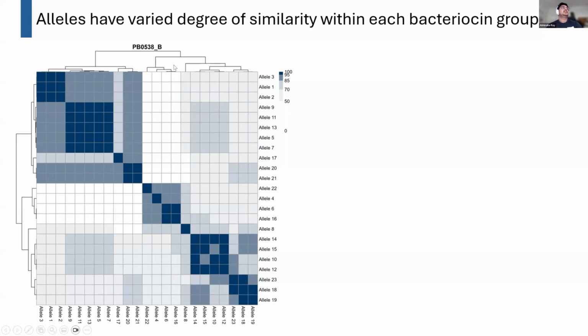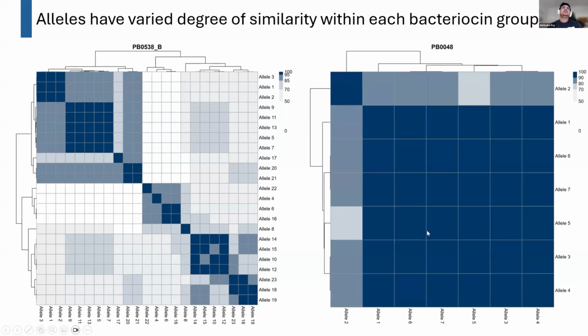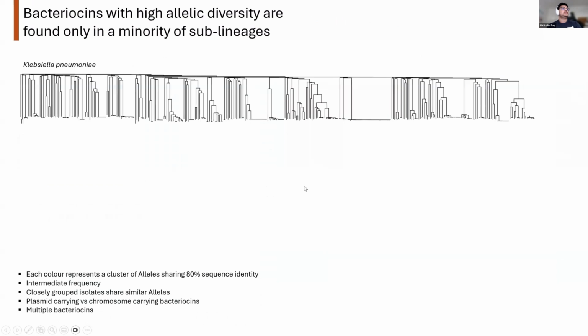As you can see, for this particular group, we have a high variety of alleles, whereas in a different group, most of these alleles resemble each other. So the comment here would be each bacteriocin group seems to be different in their variations of alleles.